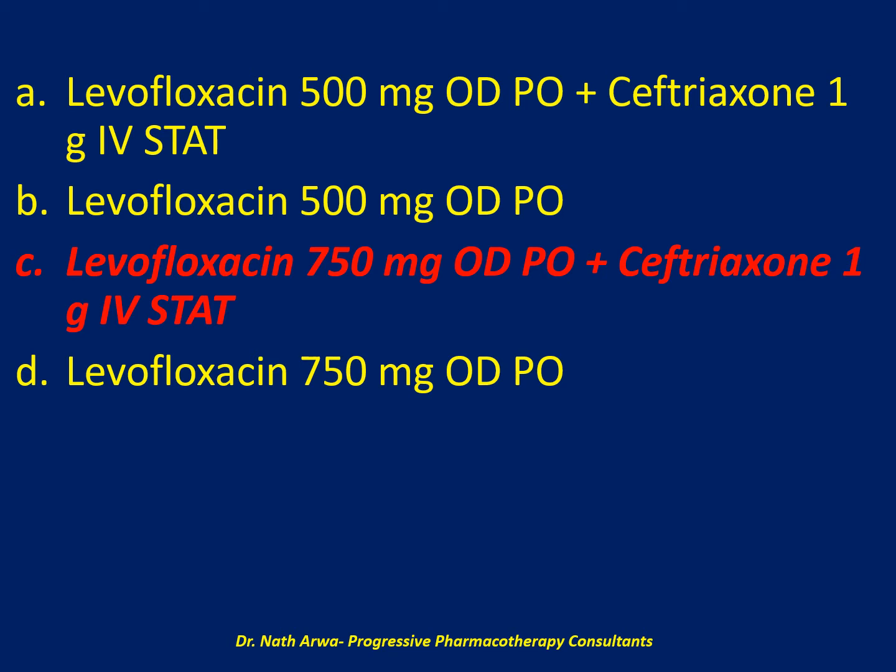Now in communities with resistance rates of above 10%, a start dose of ceftriaxone or an aminoglycoside such as amikacin, tobramycin, or gentamicin may be added. Let's move to the next question, please.